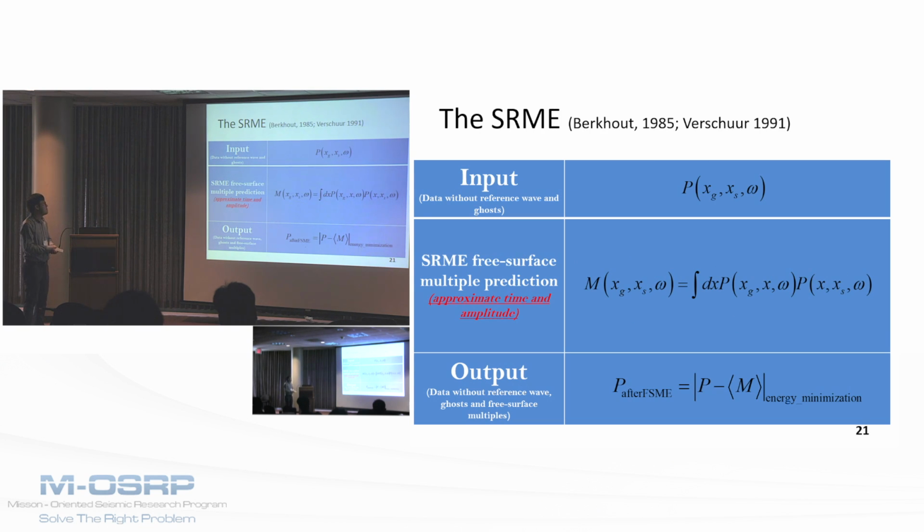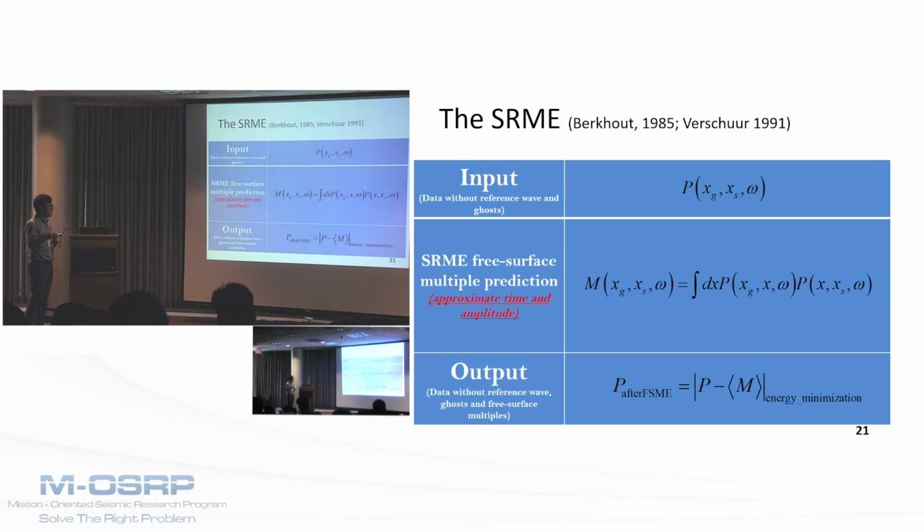Now for the SRME method. Given the same input without reference wave and ghost, this equation shows the convolutional operation of the prediction of the free surface multiple in the SRME method.